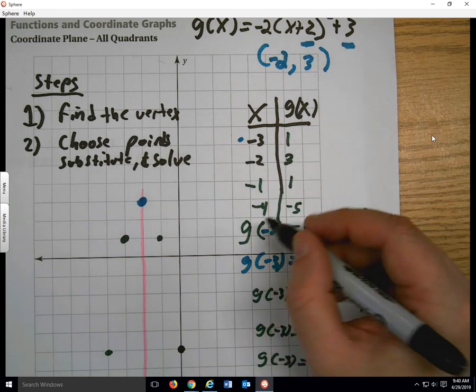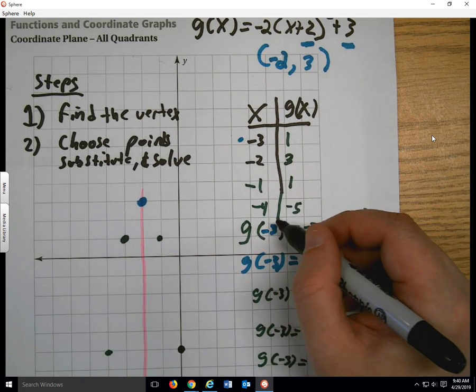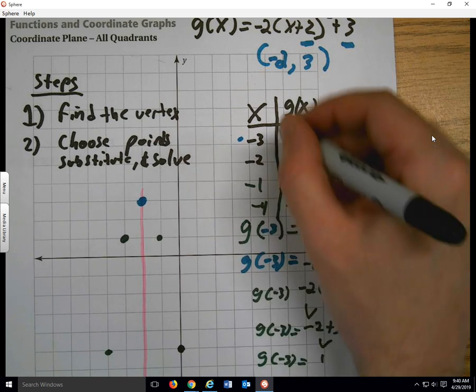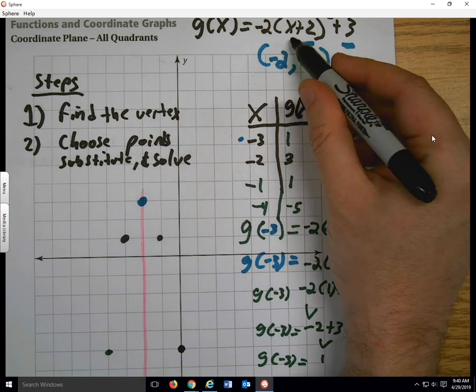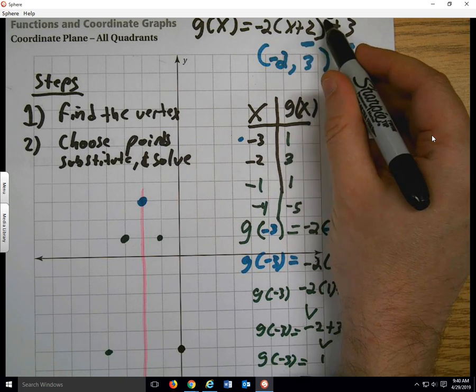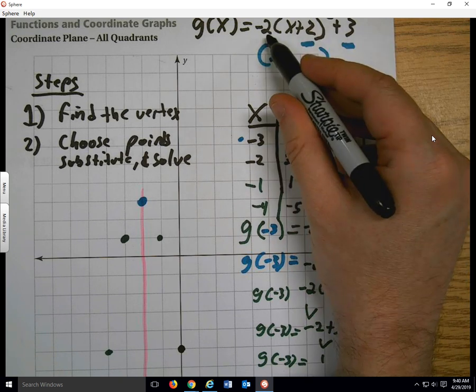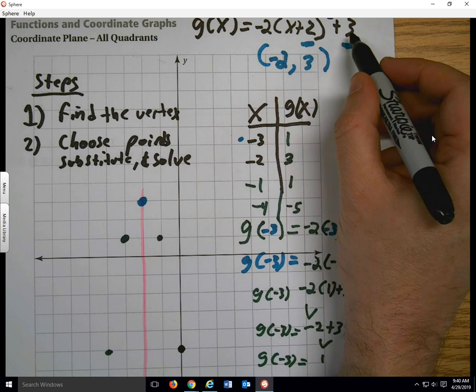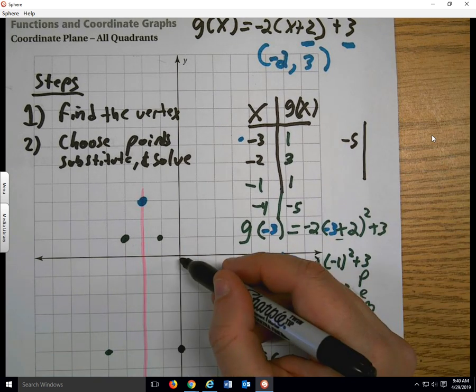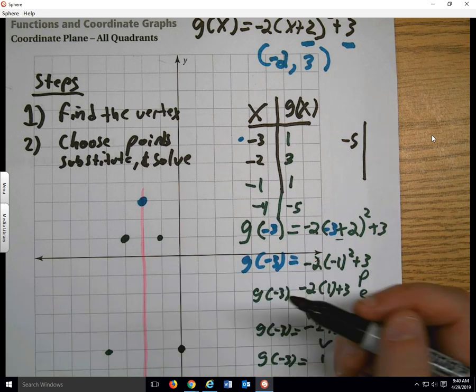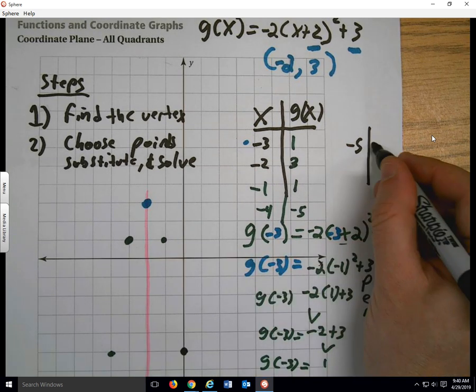I should probably do one more just to illustrate this point. Let me do -5. I'm running out of room here. So if I do -5, that would be -3. Squared would be 9. 9 times -2 would be -18. -18 plus 3 would be -15. Let's see, can I even do that one? So if we were to do -5, we'd have -15.